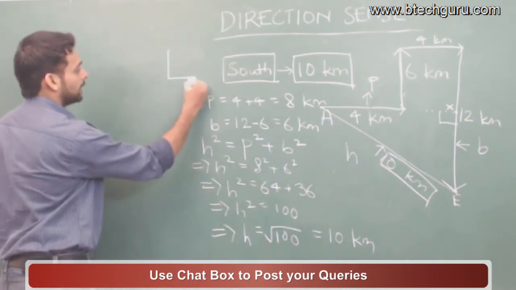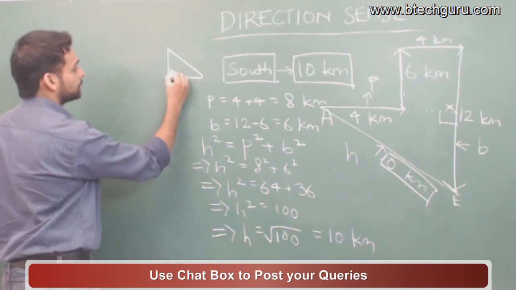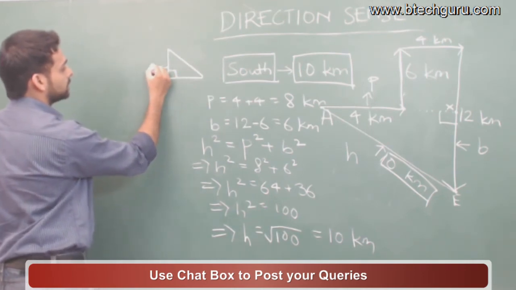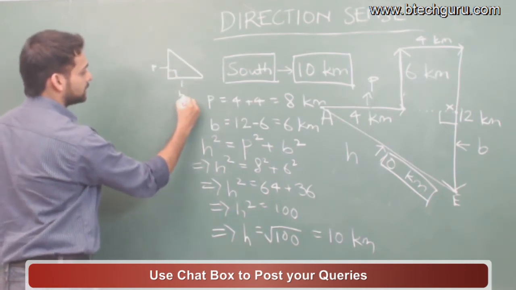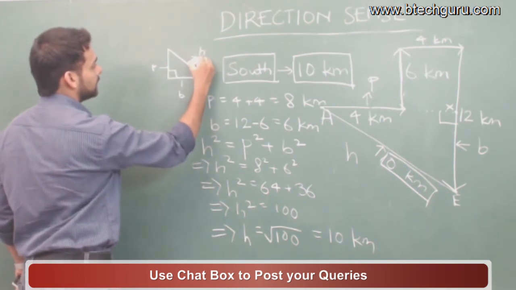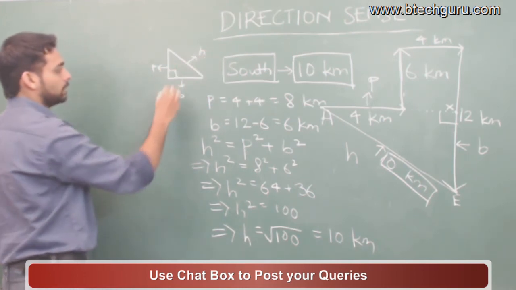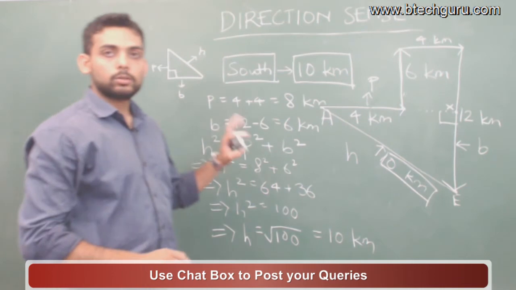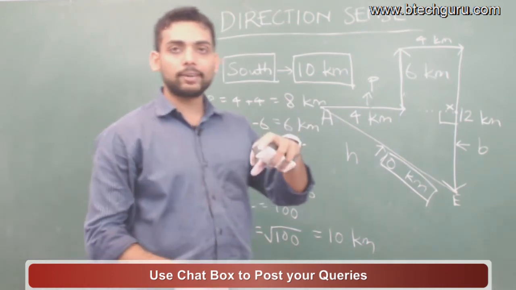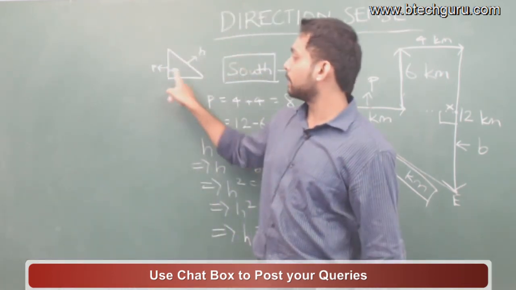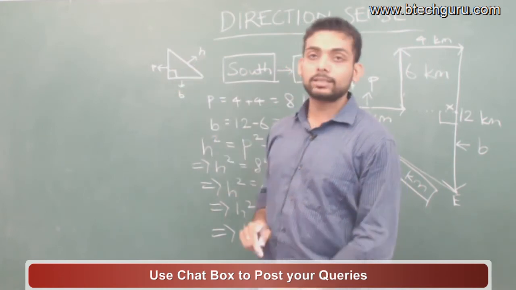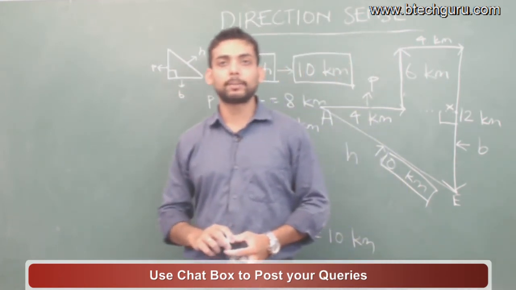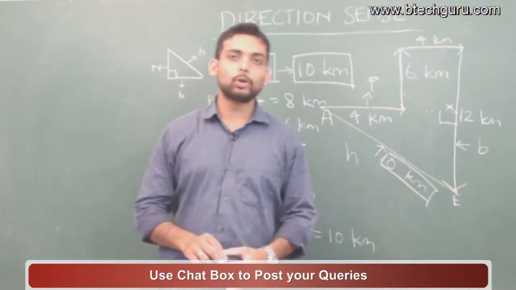So in a right angle triangle, this is the perpendicular, this is the base, and this is the hypotenuse. Okay, so the sides which have an angle of 90 degrees are the perpendicular and base, and the other one is the hypotenuse.